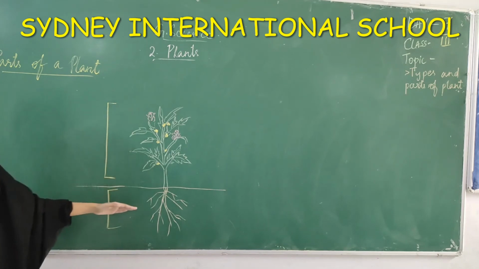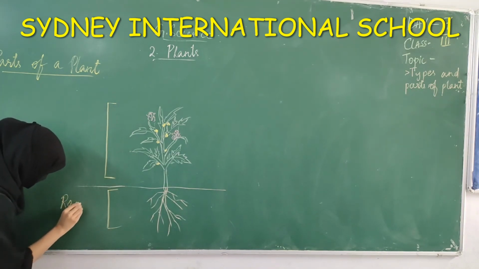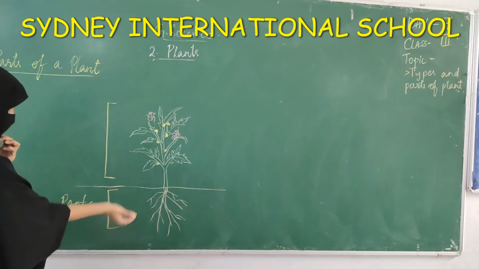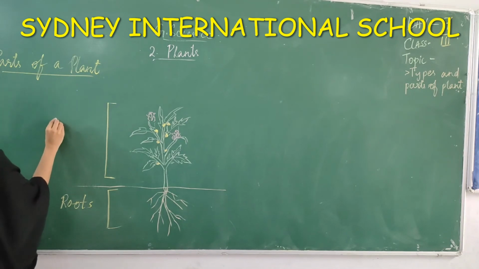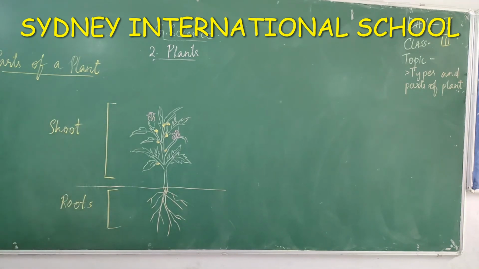So the parts that grow below the ground are called roots. And all the parts that grow above the ground are called shoot. Okay? All the parts that grow below the ground are called roots, and all the parts that grow above the ground are called shoot.